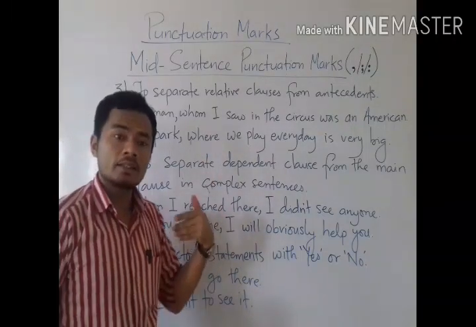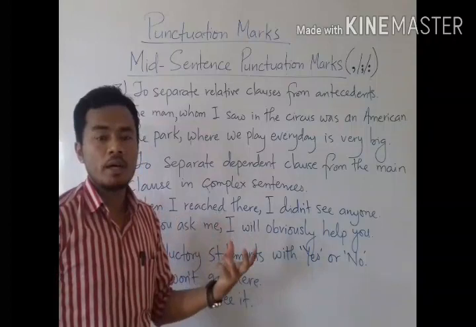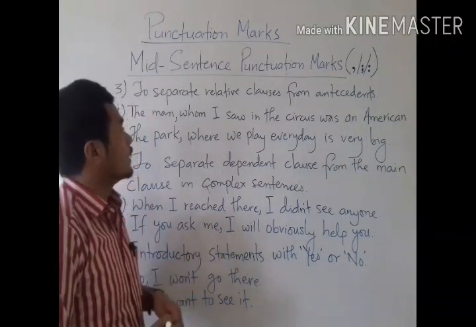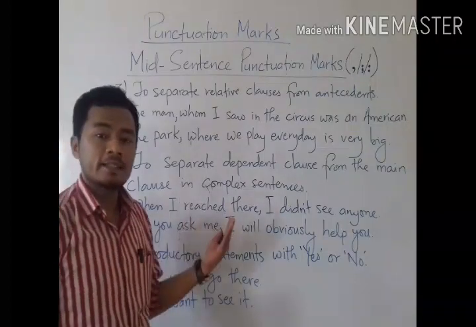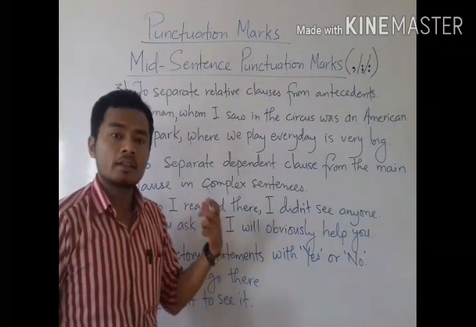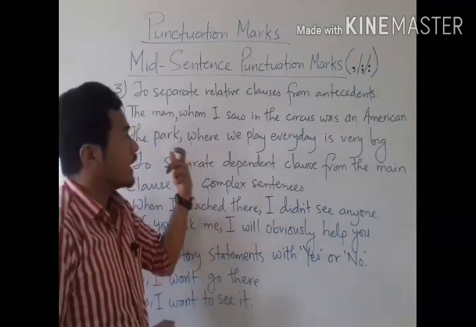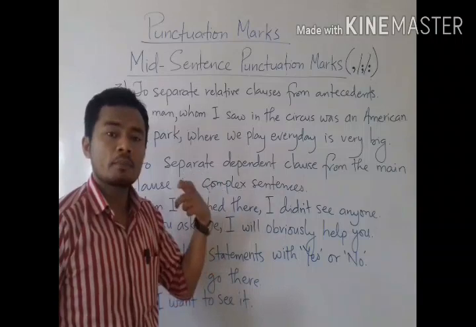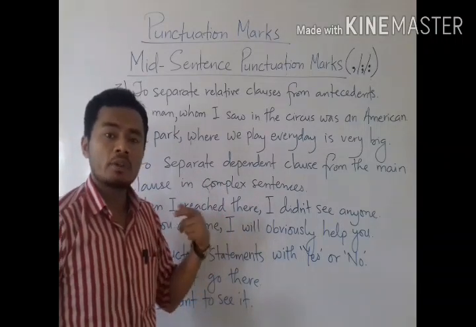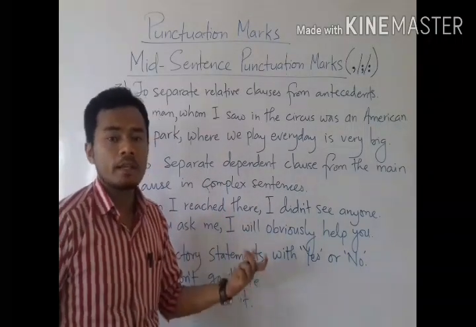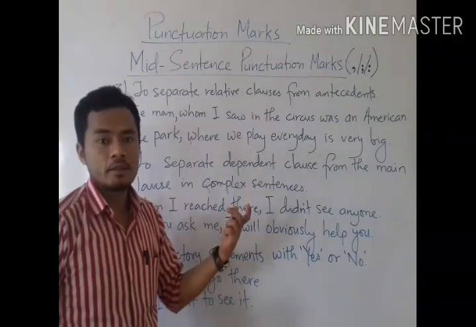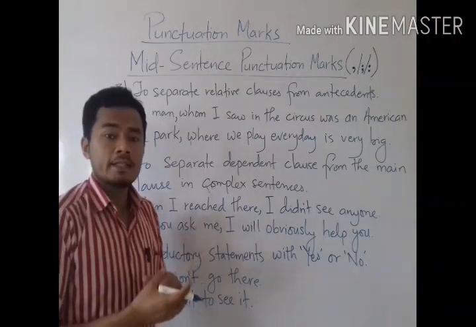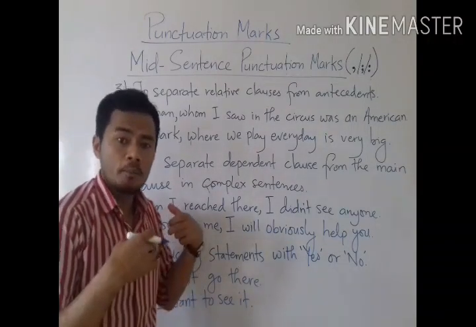Relative clauses are the clauses which are formed by using WH words. Okay, so here antecedents are the nouns, because these relative clauses give meaningful sense only when we find their antecedents, because relative clauses are closely related to antecedents to give their meaningful sense.